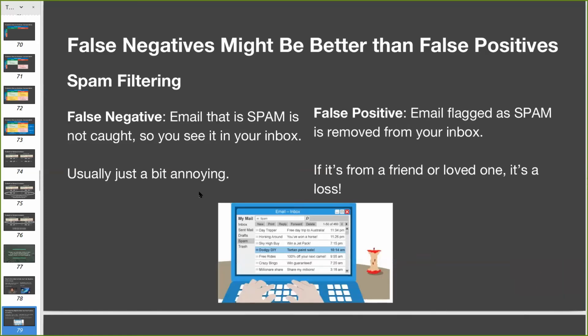And then we have spam filtering. Let's say we got an email which is a spam, but the system fails to detect that as a spam, which means that's a false negative. So in the worst case, all we have is an extra email, which is not really helpful for us.